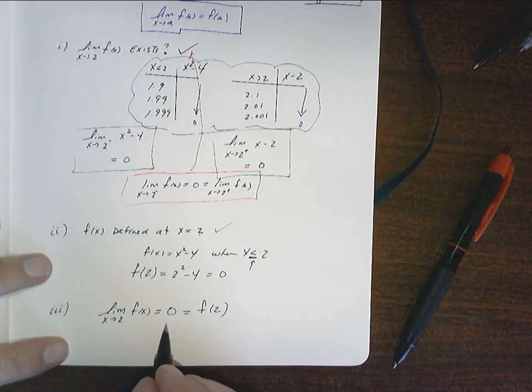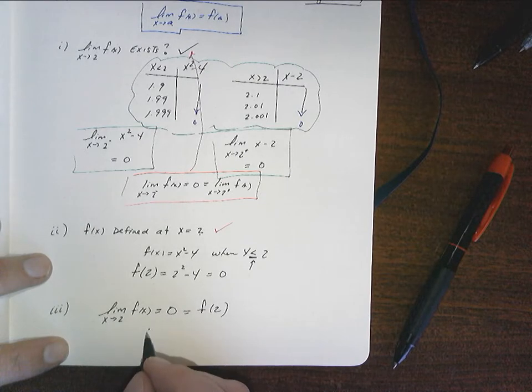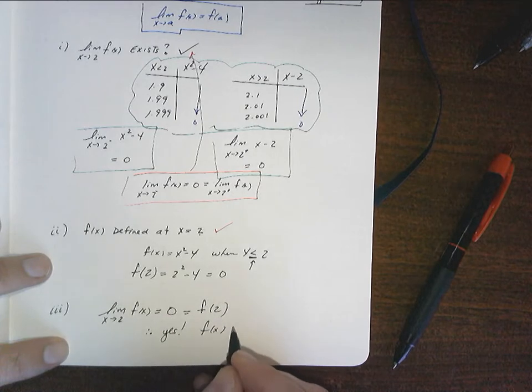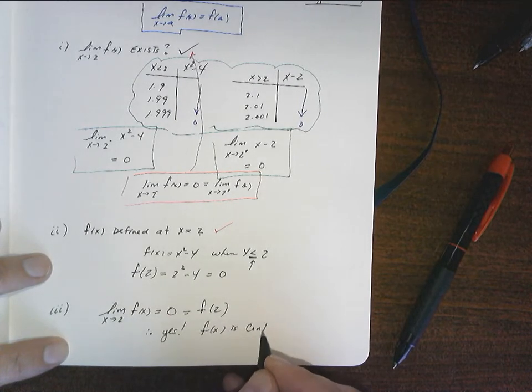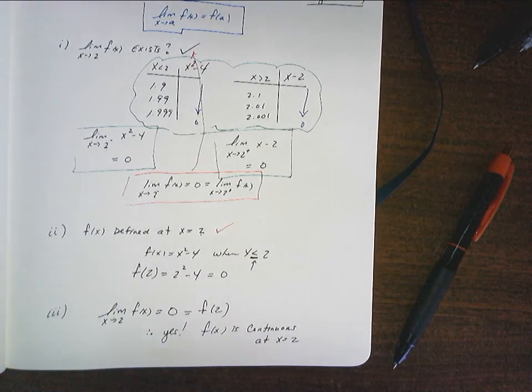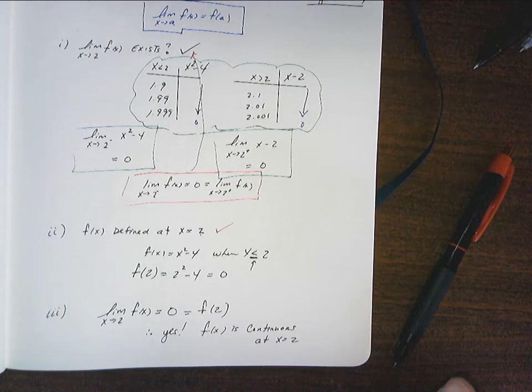That means that we have continuity. So therefore, yes, f of x is continuous at x equals 2. So that's how you do that question.